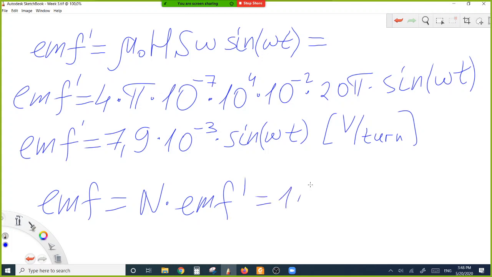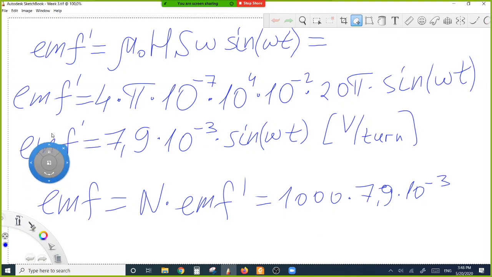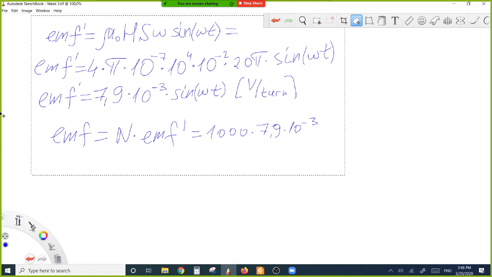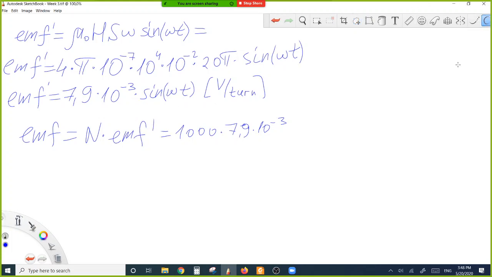And this is equal, the number of turns in our case is 1000 multiplied by 7.9 times 10 to the minus 3 multiplied by sine omega t, and is equal to 7.9 sine omega t volts.